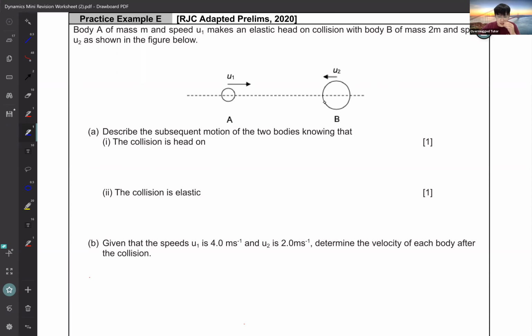So just briefly read this. Body A of mass m and speed u1 makes an elastic head-on collision with body B of mass 2m and speed u2, shown in the figure below. Describe the subsequent motion of the two bodies, knowing that it is head-on. Remember, just now I went through what head-on means.